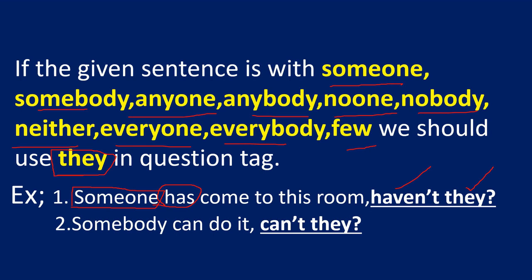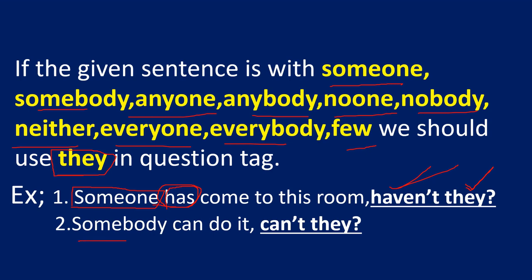For suppose instead of they, whether there is he, she or it, then we have to write has. Hasn't she, hasn't it, hasn't he, like that. But here the subject pronoun is they, so we should write have instead of has. Of course there is the auxiliary verb has, but we have to write the auxiliary verb as have because there is the subject pronoun they.